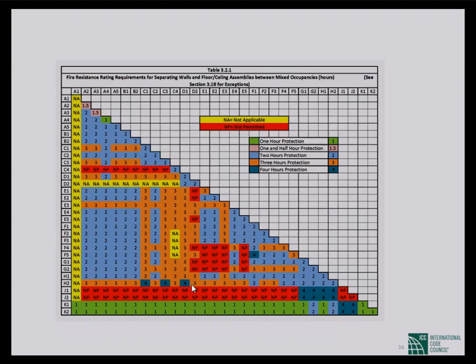So it has to be detached from other structures. Other than red, if it is yellow, it is not applicable for D2, not acceptable. One is not permitted, another is not acceptable, almost similar. But for the other colors, you see 1-hour protected, 2-hour protected, 3-hour protected, 4-hour protected. These are the things.